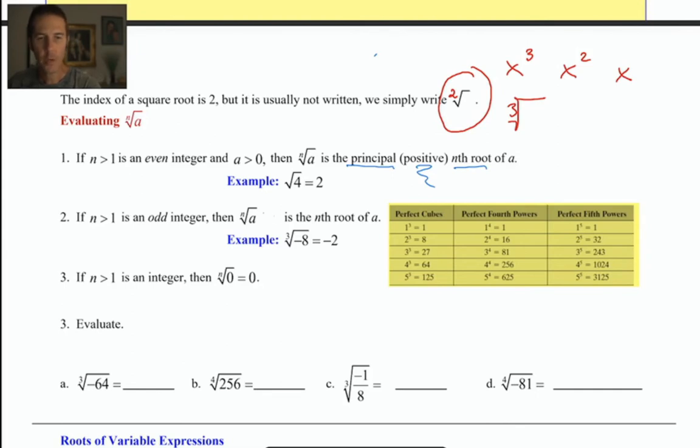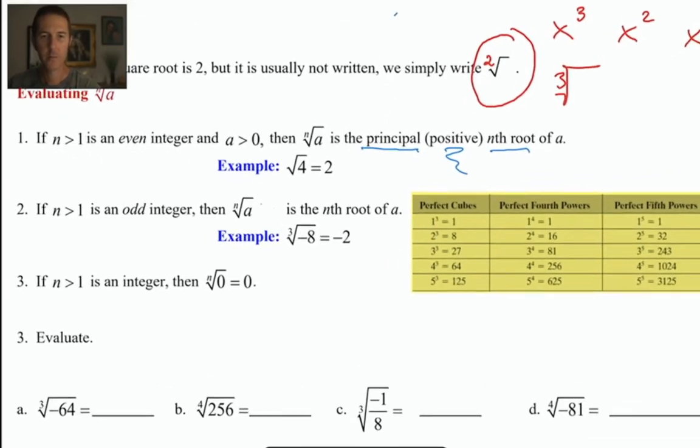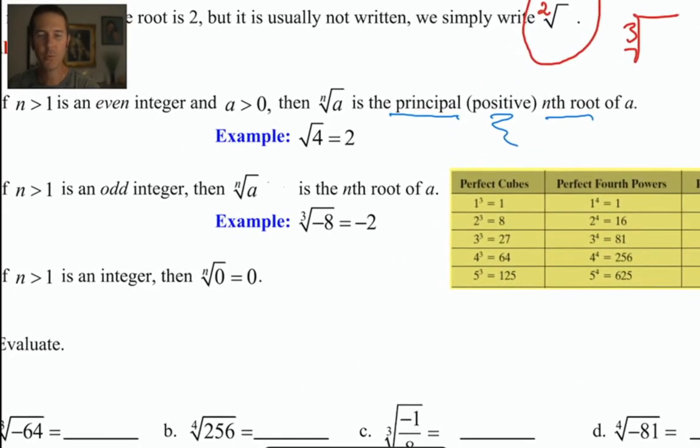If n is greater than 1, if your index is greater than 1 and your index is an odd integer, 3, 5, 7, 9, and so on, then the nth root of a is the nth root of a, which is kind of funny. So the example here says that the cube root, or third root, so our index is a 3, we can see there. The cube root of -8 is -2.